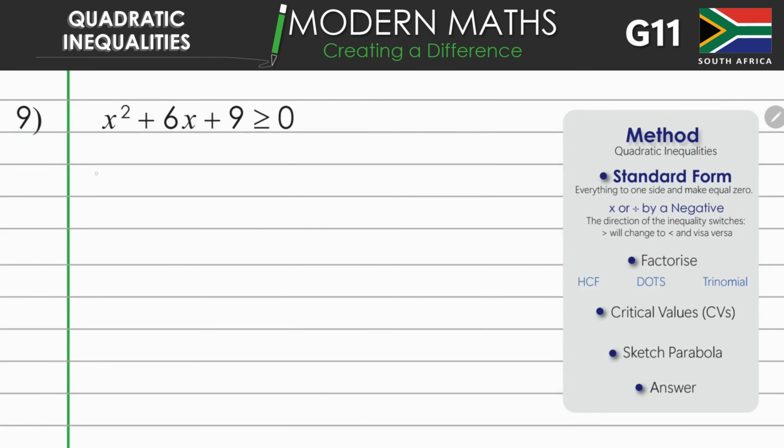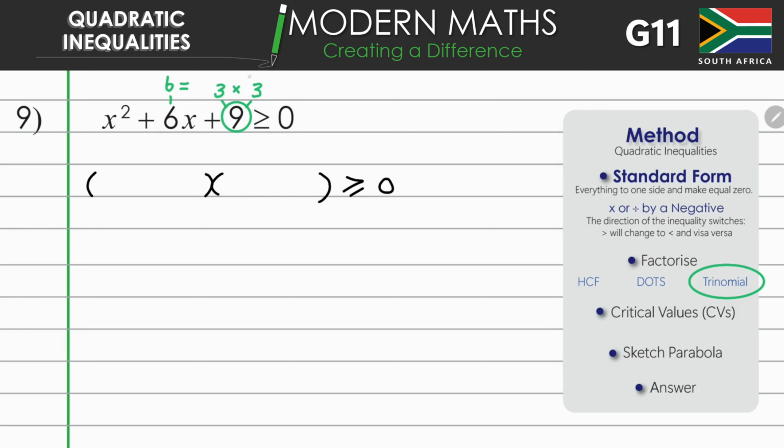Okay, now we have another perfect trinomial. Alright, so they were kind enough to give us this one in standard form, so I'm going to go straight to factorizing the trinomial. So I've got to use the factors of 9 to give me that positive 6 in the middle. So the factors of 9, I don't think 1 and 9 will work, so I'm going to opt to use 3 and 3 instead.